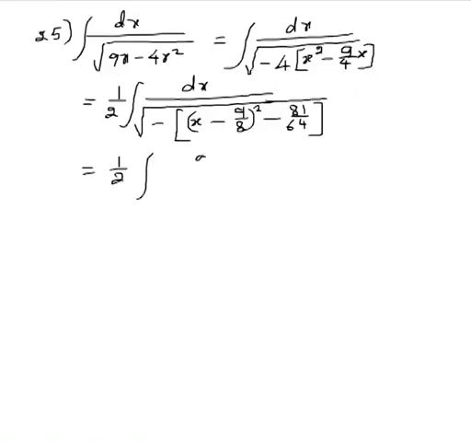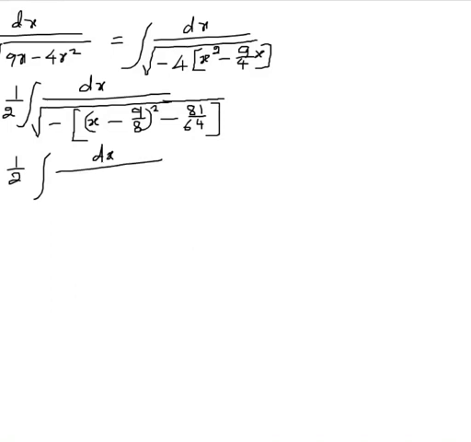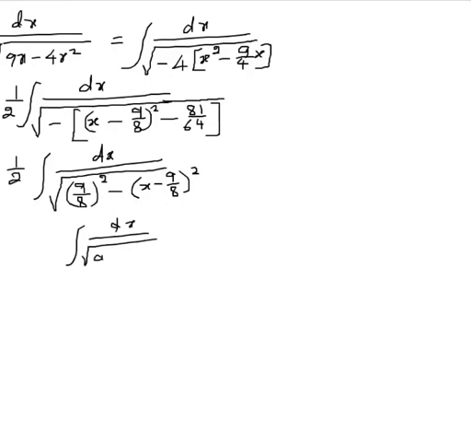Half into integral dx divided by root of, this is 9 by 8 the whole square. I am distributing the minus sign and this term becomes negative. And let us use the integral of dx divided by root of a square minus x square formula, which is sine inverse of x by a.